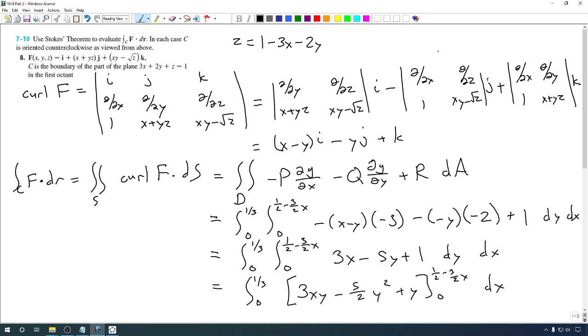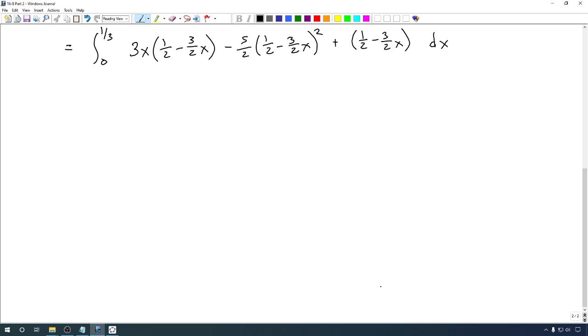Now, of course, technically here we do have a 0 on the bottom. We have to subtract the value at 0, but because we like to use 0 to make things easier on ourselves, the 0 there made everything come out to be 0. We don't have to worry about that part. But what we do want to do now is expand everything out.